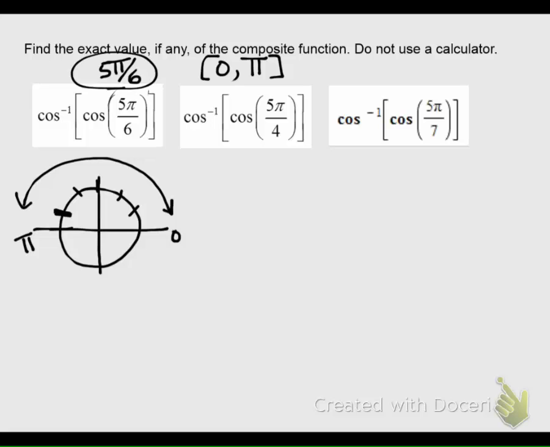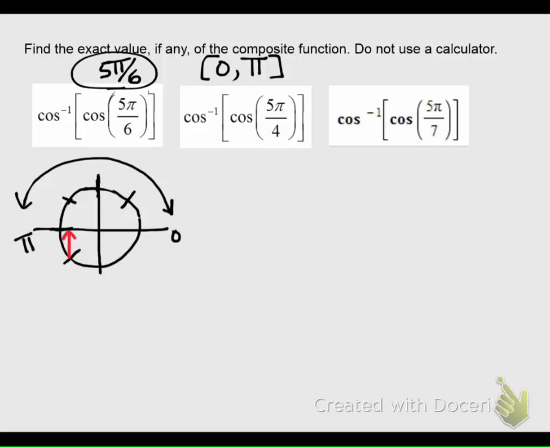If you're looking at the next one, 5 pi over 4. Let's see, we're counting pi over 4 tick marks. We need 5 of them. So 1, 2, 3, 4, 5. Not in the correct interval. Cosine's an x distance.